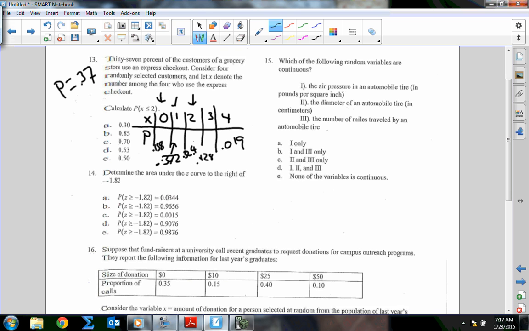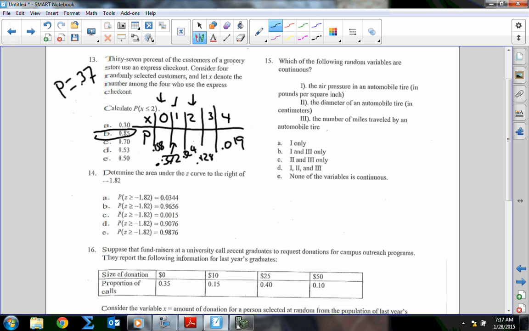So 0.324 plus 0.372, what's that going to be, 0.71, around there? And then 0.158, so I'm thinking that it's the 0.85 right here. B is what the answer was. And you can use your calculator to verify that.